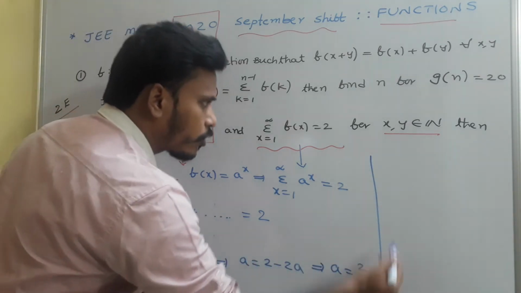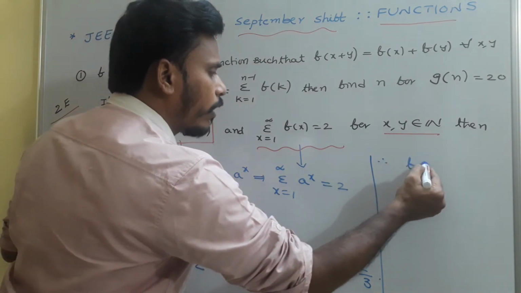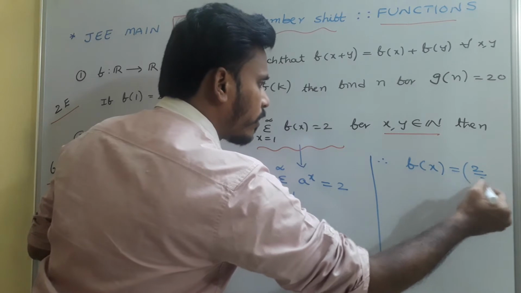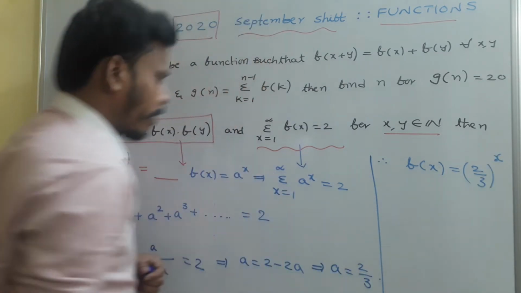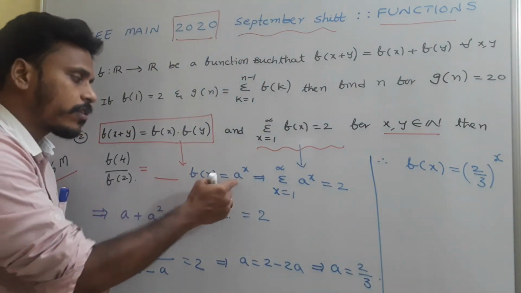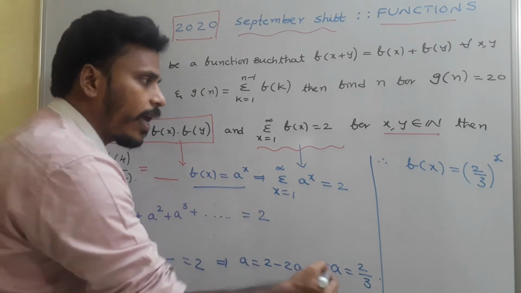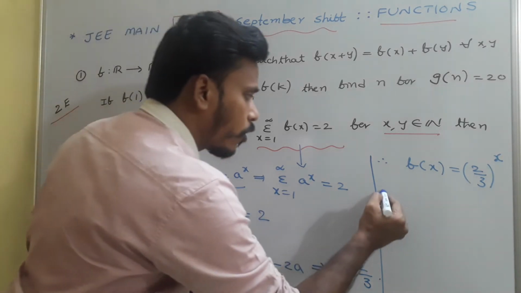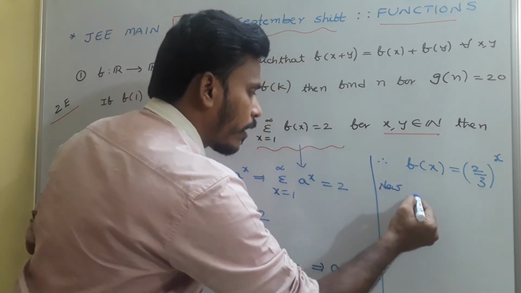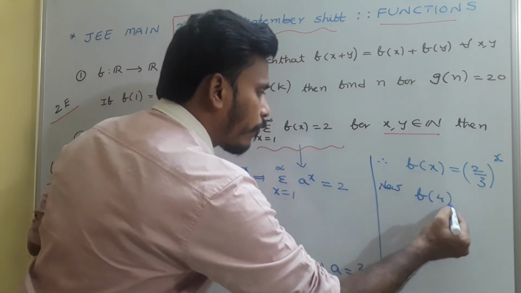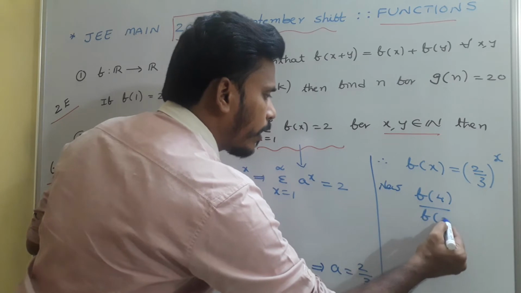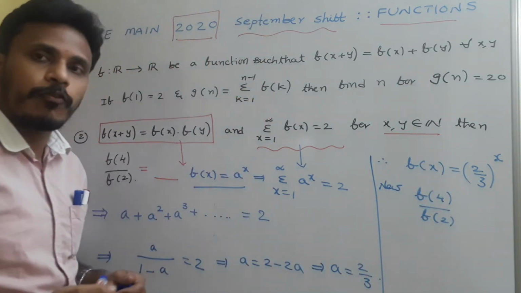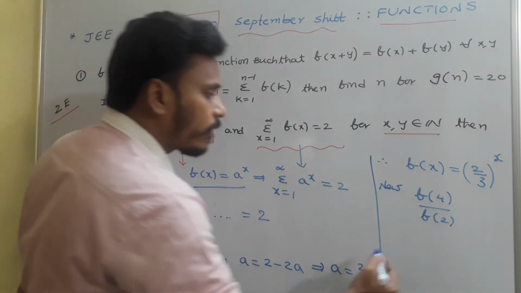Since a value is 2 by 3, therefore we will conclude that f of x is equals to 2 by 3 power x, because f of x is a power x and we found that a is 2 by 3. Now we need to find f of 4 by f of 2. Now required value f of 4 divided by f of 2, which is equals to what? 2 by 3 power 4 divided by 2 by 3 power 2.